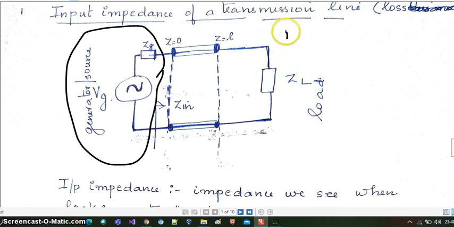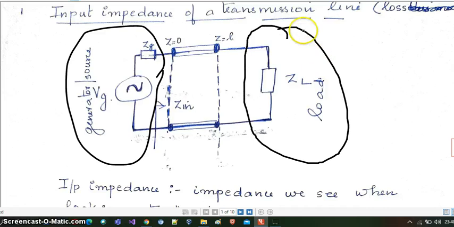Similarly, the load side is having an impedance ZL, and here you can see another term Zin, which is the input impedance. And here I have taken two different points.